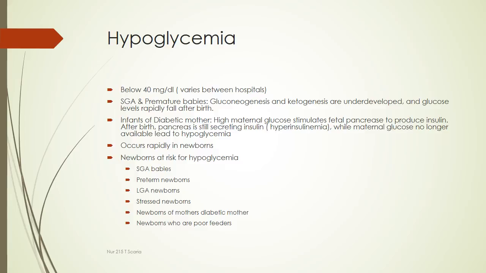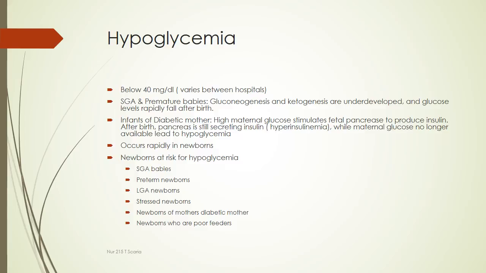In the SGA, that is the small for gestational age, and premature babies, the gluconeogenesis and ketogenesis are underdeveloped, and the glucose levels rapidly fall after birth. And in the infants of diabetic mothers, high maternal glucose stimulates the fetal pancreas to produce insulin.